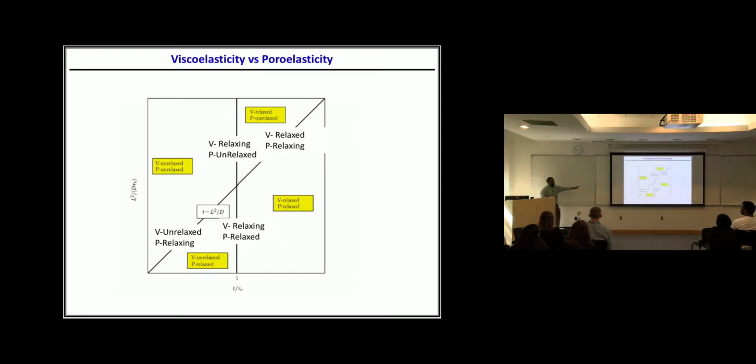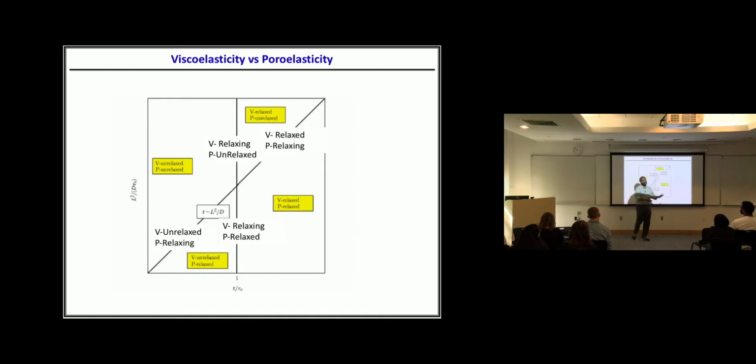The point is, what I'm plotting here is L squared divided by D, which is the poroelastic time scale, and this is your actual time. If your time is much bigger than the viscoelastic time scale, viscoelasticity is relaxed if you're here. If you're here, viscoelasticity is unrelaxed.